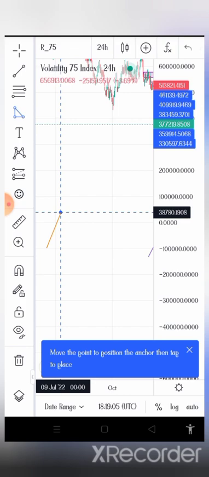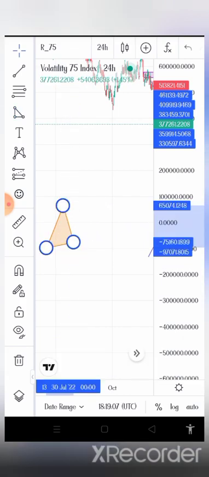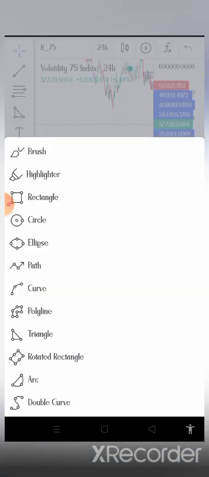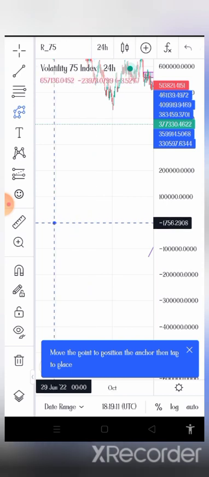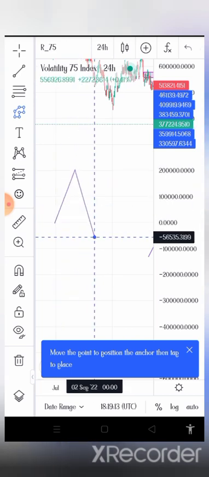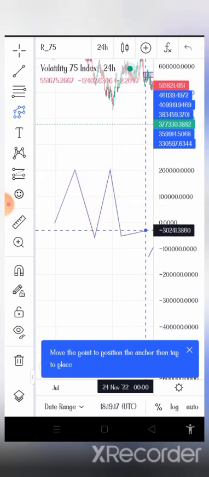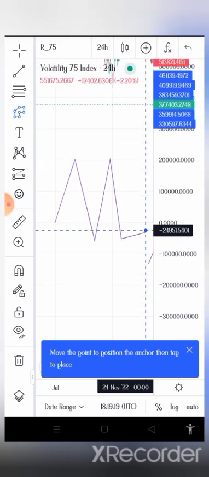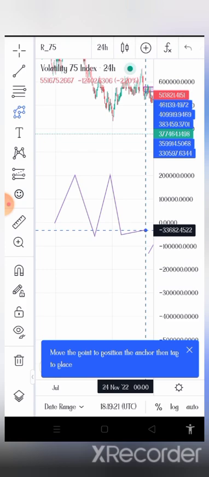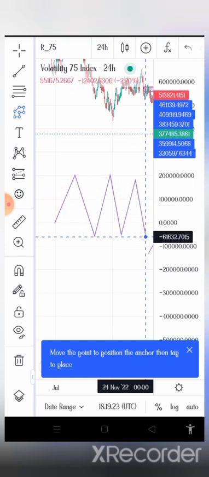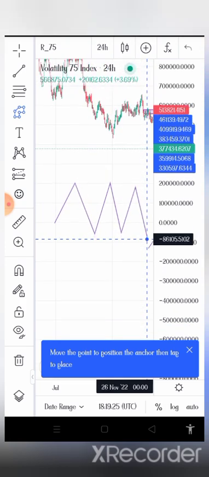It just moves like this. So this is a consolidating market or a ranging market.